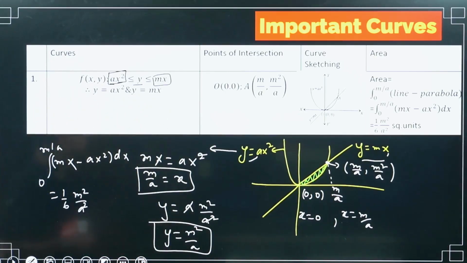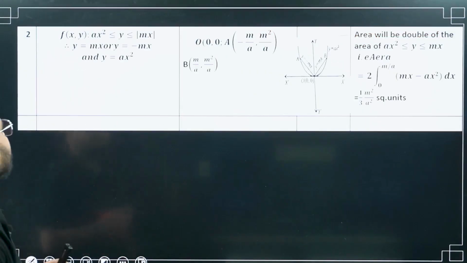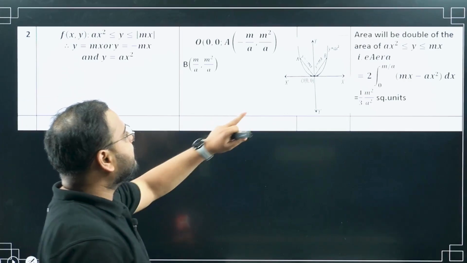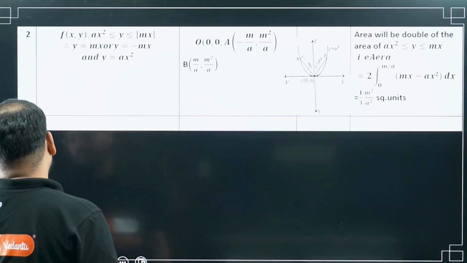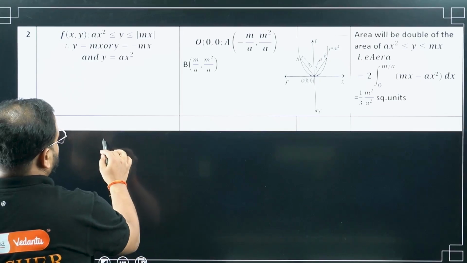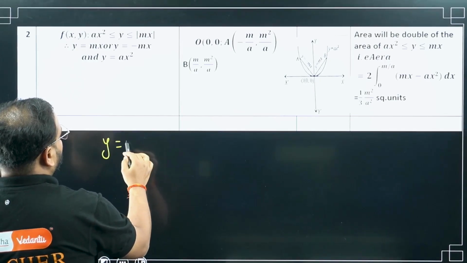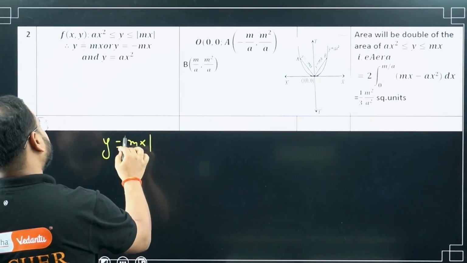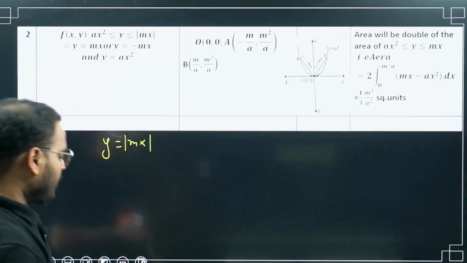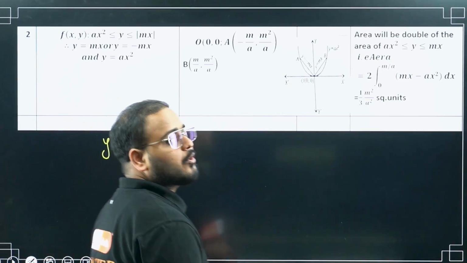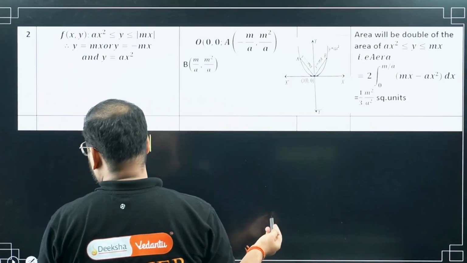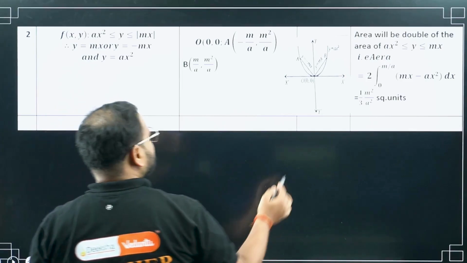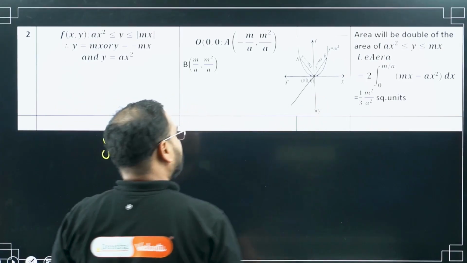Please have a look. Moving to function number 2. Same thing, but instead of y equals mx, in this case we are taking y equals mod mx. Mod mx means there is no negative value now present. So if you check here, the line which was there like this is not present anymore.